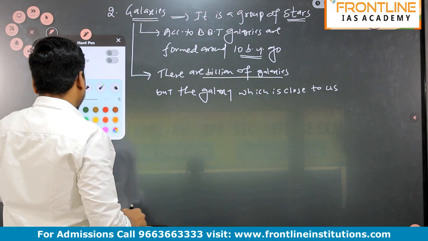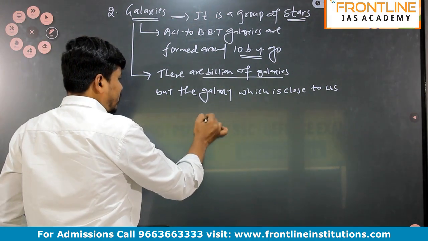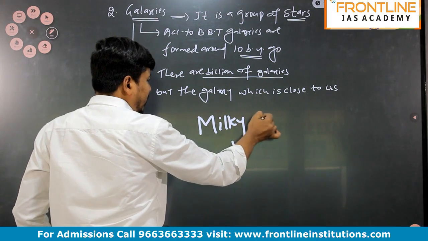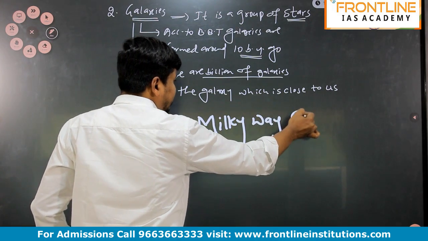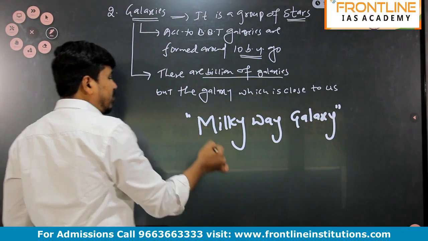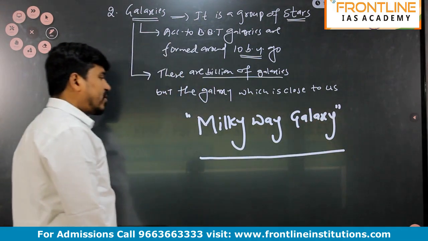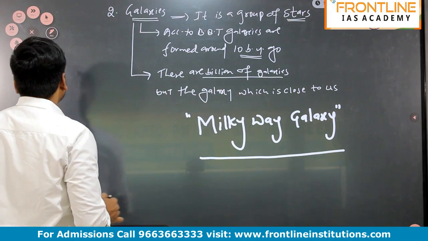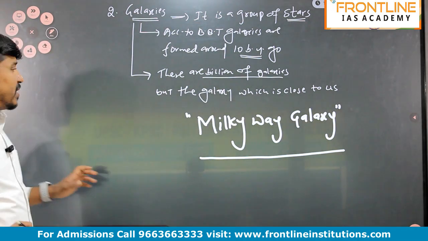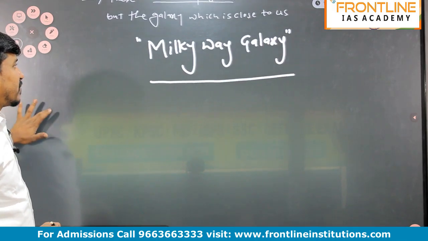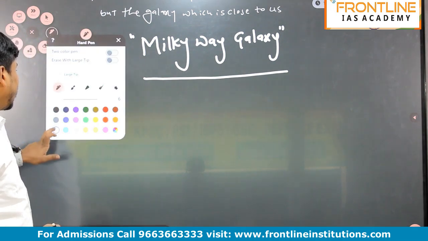Very important, right? So there are many galaxies in the universe, but the galaxy which is close to us is the Milky Way galaxy. We are living in the Milky Way galaxy, or we are part of the Milky Way galaxy. So Earth is part of the Milky Way galaxy.